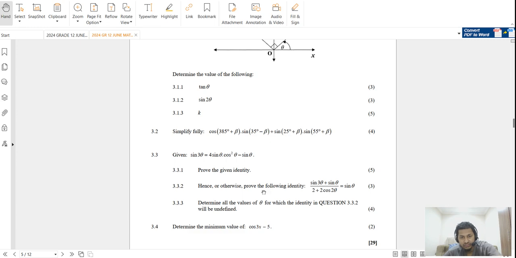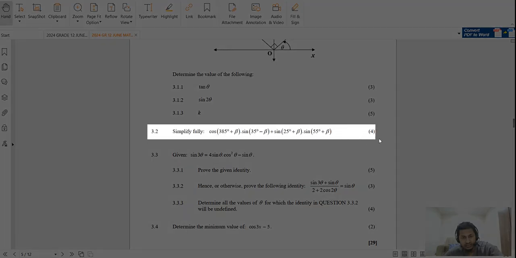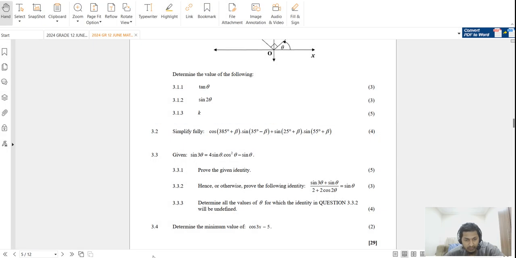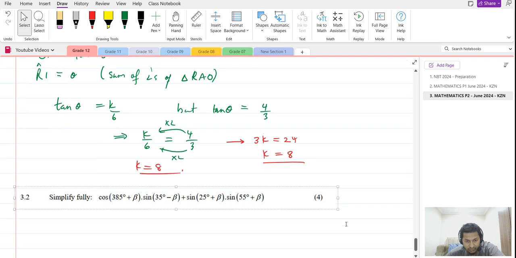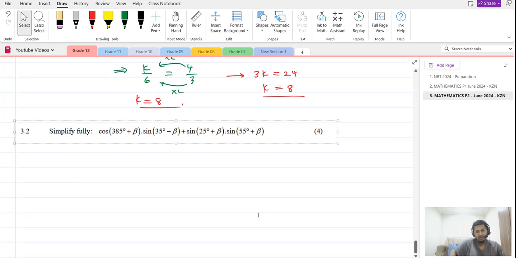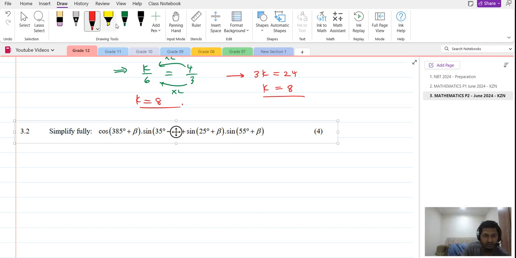Next question here, 4 marks. We want to go and simplify the product of all these numbers. So what is this? Cos 385. Obviously we need to use reduction first.